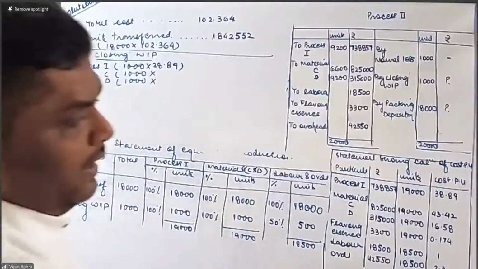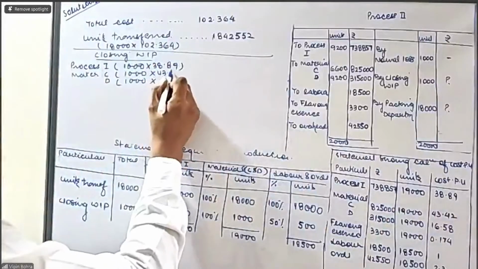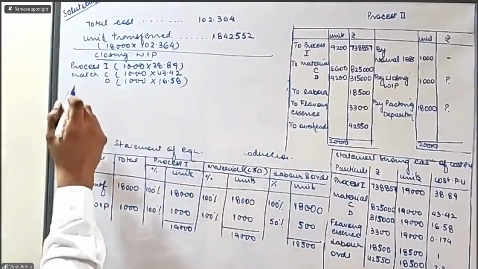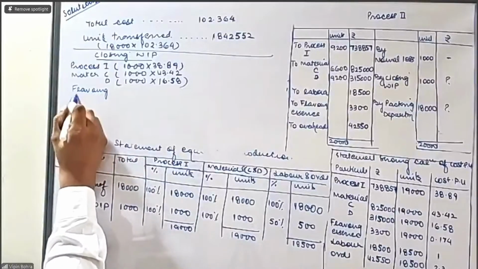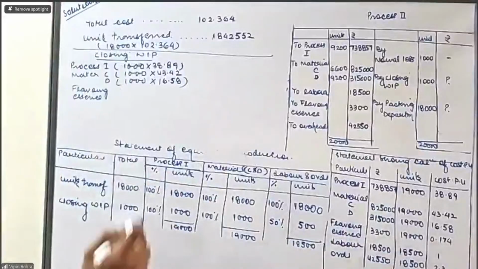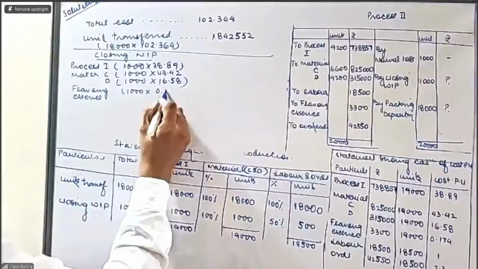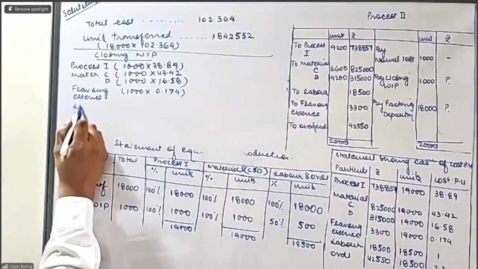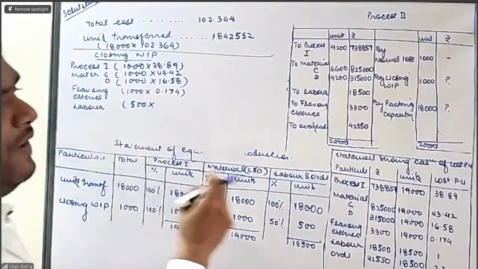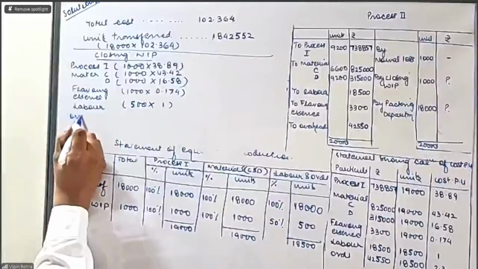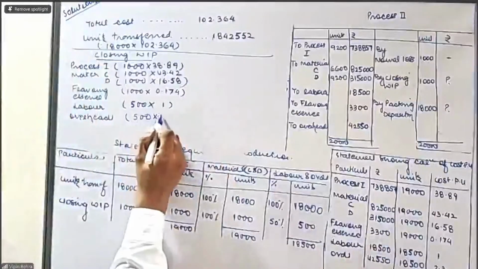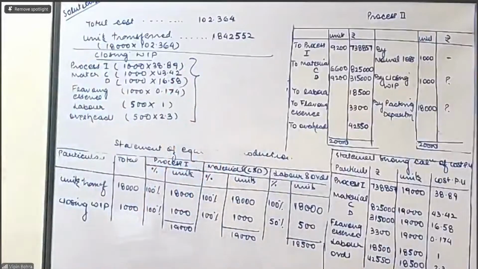For material C and D, it is 43.42 and 16.58. Next is flavoring essence. Again, it is 1,000 units only, and the cost is 0.174. However, when talking about labor and overheads, it is 500. So 500 into 1, and for overheads, it will be 500 into 2.3. So this is how we will get the value of closing work in progress.